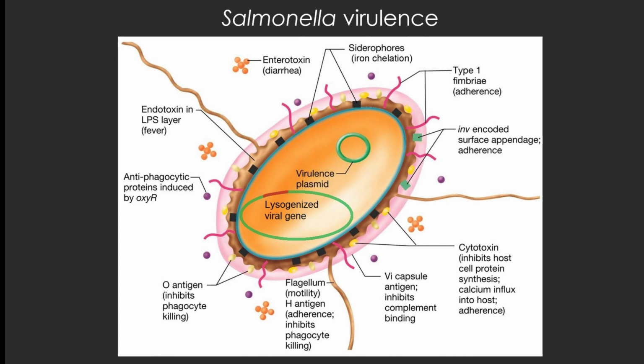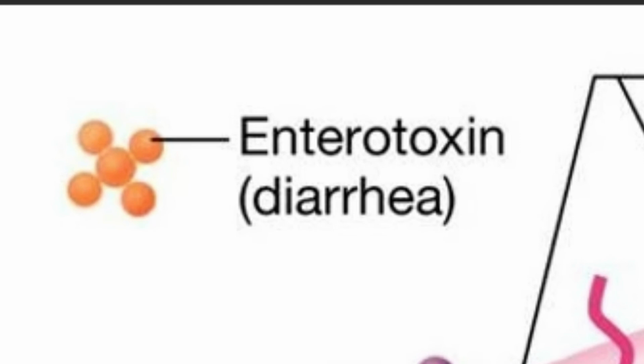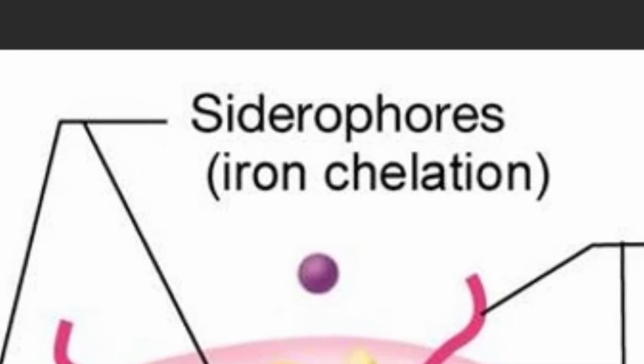And in your lecture notes, you actually have a summary table of the mechanisms of pathogenicity as well. So there are enterotoxins, which increase its pathogenicity because they cause diarrhea. There are things called siderophores, which chelate iron or grab iron out of the environment in order to help this bacterium to grow. You'll remember from chapter 16, we talked about one of the benefits of fever being that it hides iron. Well, this allows them to grab iron.